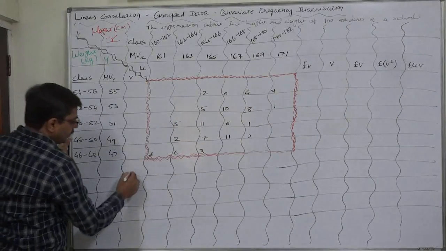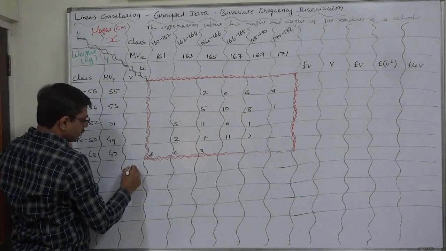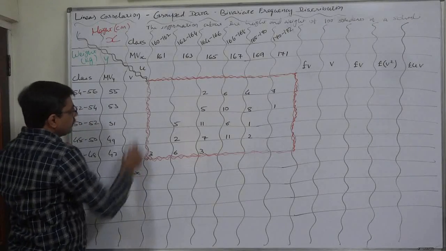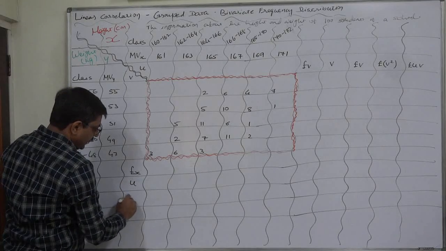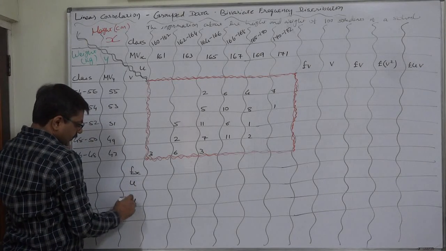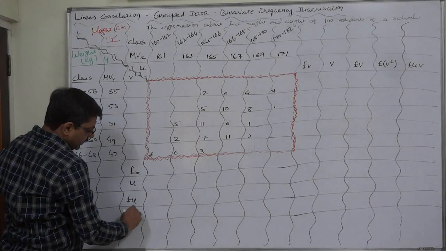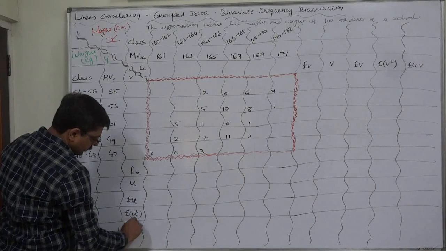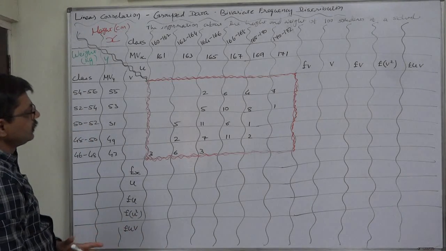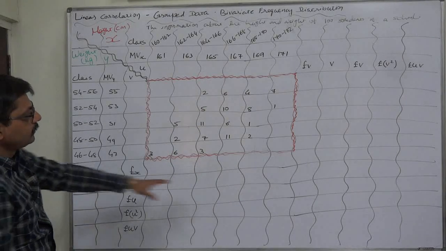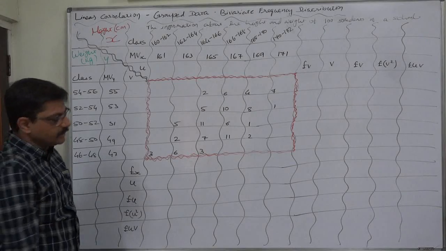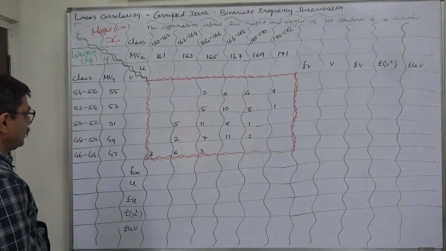Here it will be summation of frequency for x, so fx, repetition of row u, f into u will be fu, f into u square and fuv. Now we are going to learn how to find out the different values and the summations of respective columns and rows.